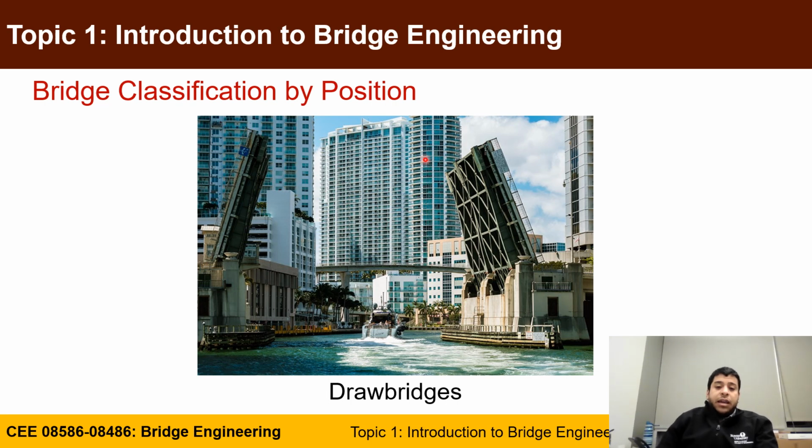For example, in downtown Miami and the Brickell area, you can see that those kinds of bridges open up to allow tourism to go through those water canals or rivers. And here the example is the Miami River and the ships and cruises.